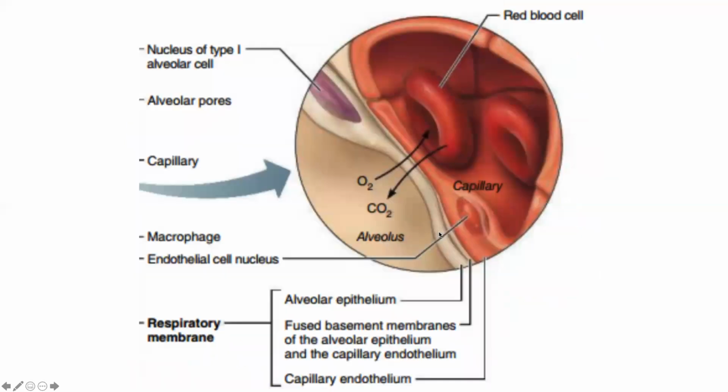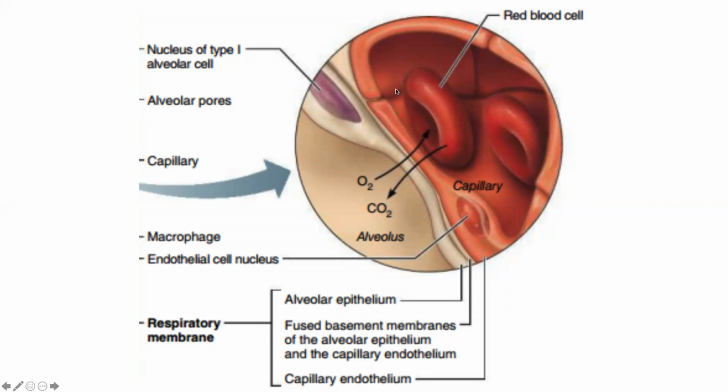So if we look in a little bit more detail, as you remember, the capillary walls are made of, number 1, endothelial cell, and number 2, basement membrane only. If you remember, there are 3 types of capillaries: continuous capillaries, fenestrated capillaries, and sinusoidal capillaries.